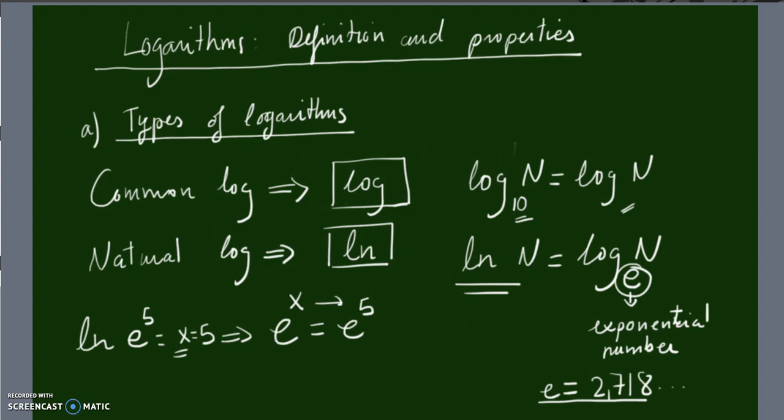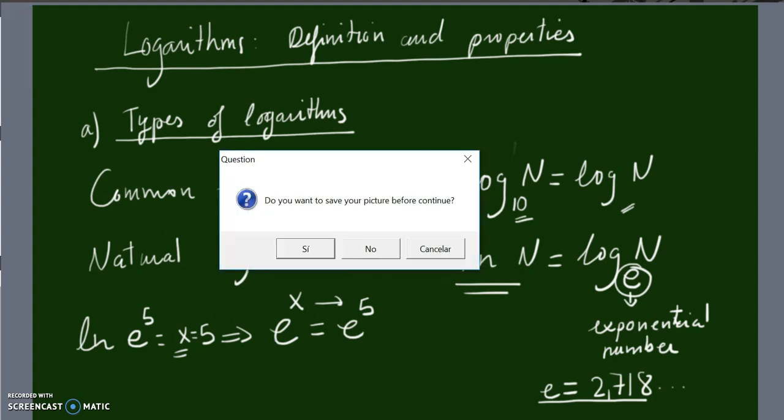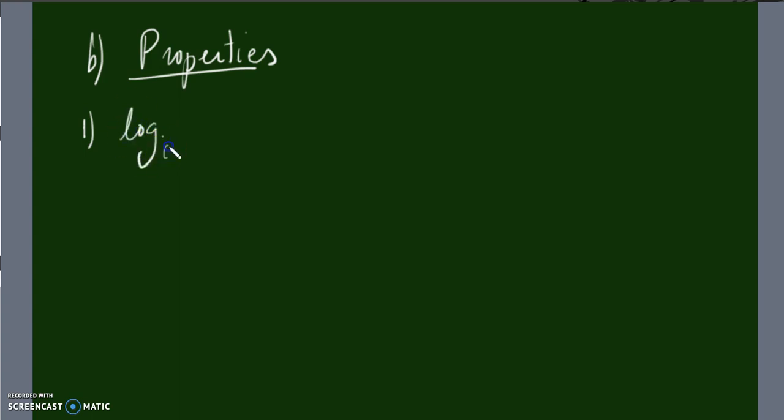Well, after this, we are going to see some properties of logarithms. The first property that we are going to see is when you have a logarithm, and in the logarithm there is a multiplication or a number that you can put as a multiplication.